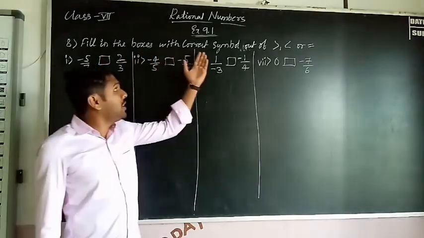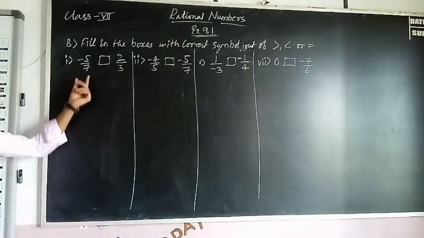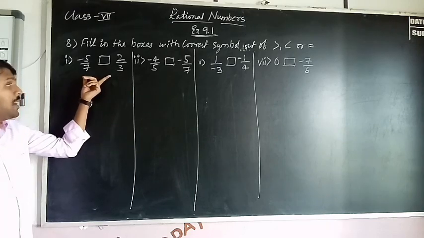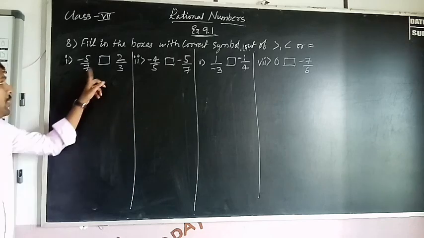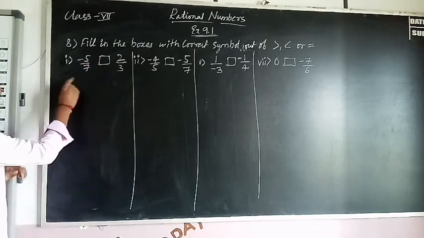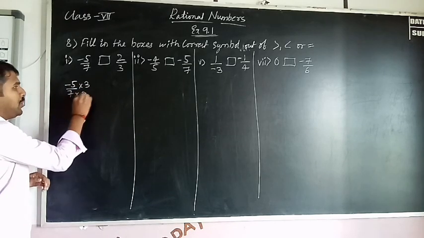Fill in the boxes with the correct symbol out of greater than, smaller than, or equal. So first, these are rational numbers. Okay. So first compare them. How to compare? First make the denominators the same. Here 7 is there, here 3 is there. So just multiply: for 7, 3. So minus 5 by 7 into 3, and here also into 3.